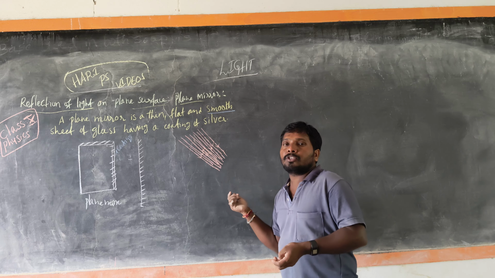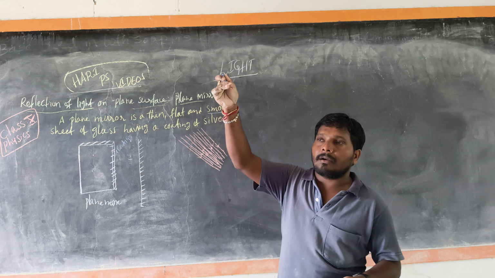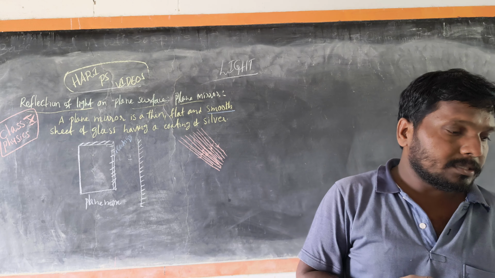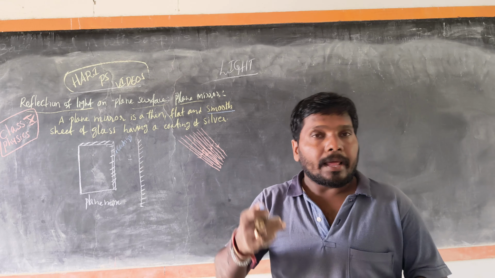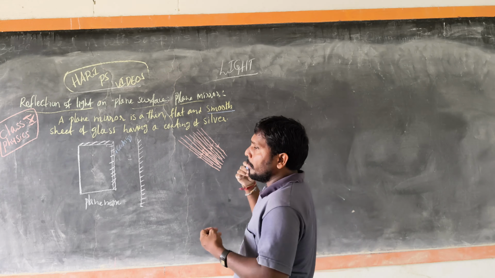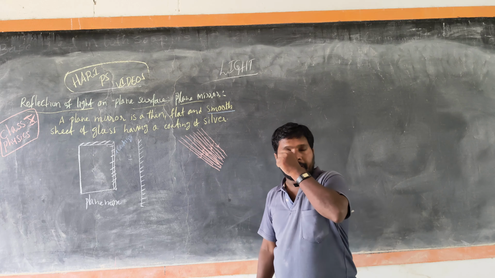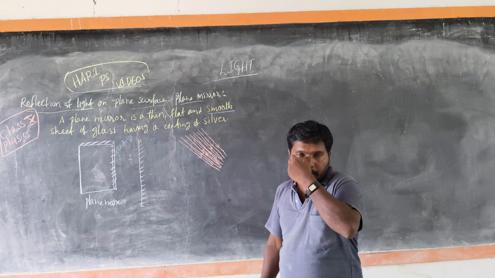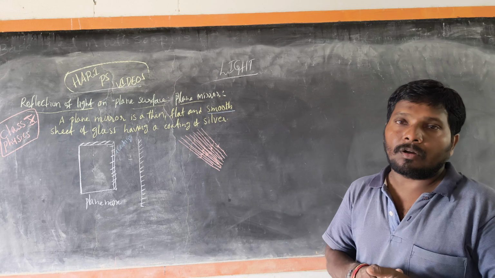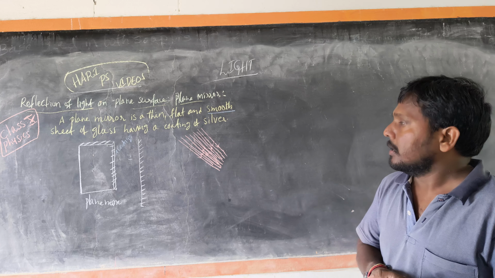The line which represents the light travel is the light ray. A group or bundle of light rays is called a beam of light, right?